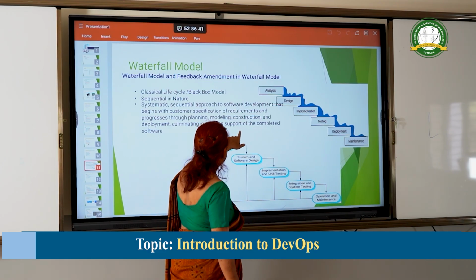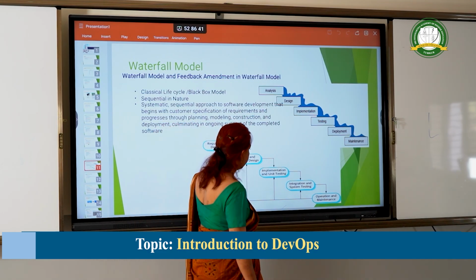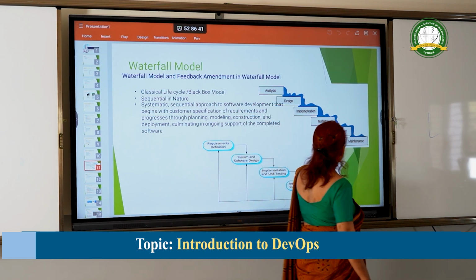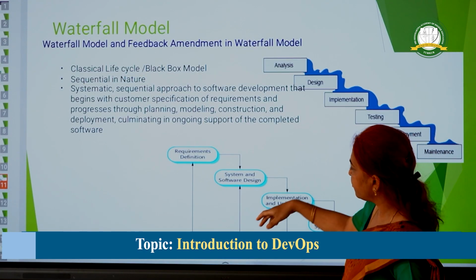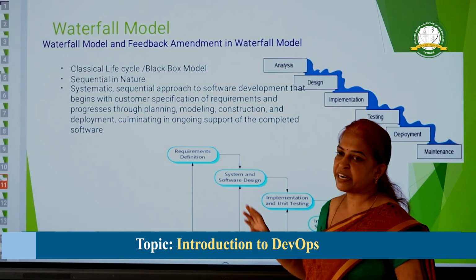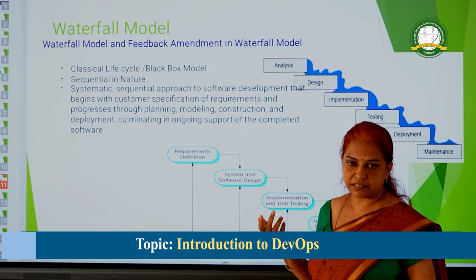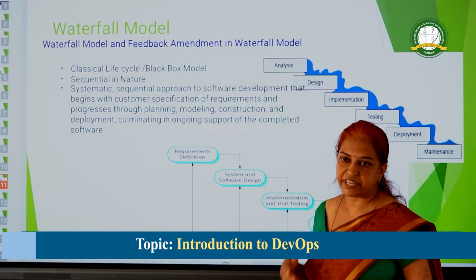communicating ongoing software of the completed software. So what we will be having here is analysis, design, implementation, testing, deployment and the maintenance phase. In those phases, we have requirement definition: what the software already has, and what requirements we have to gather.